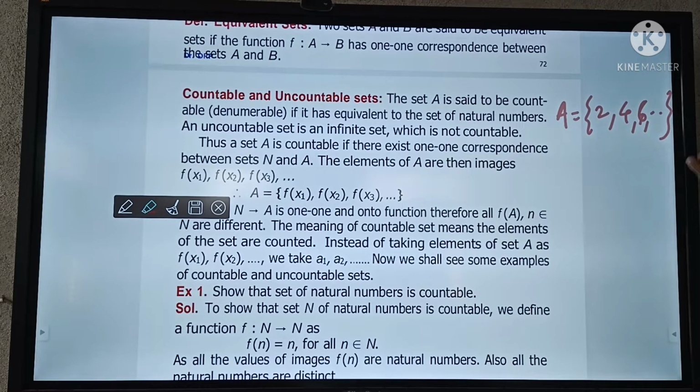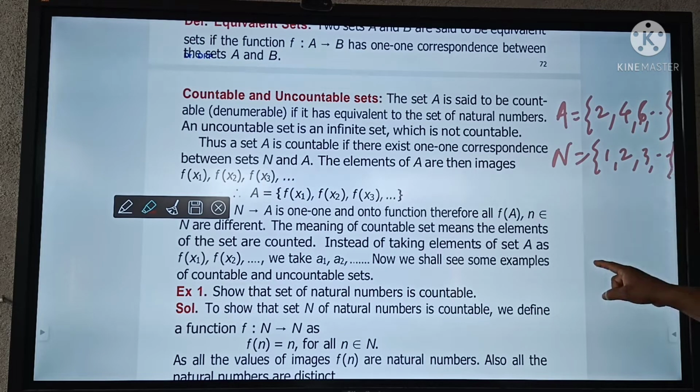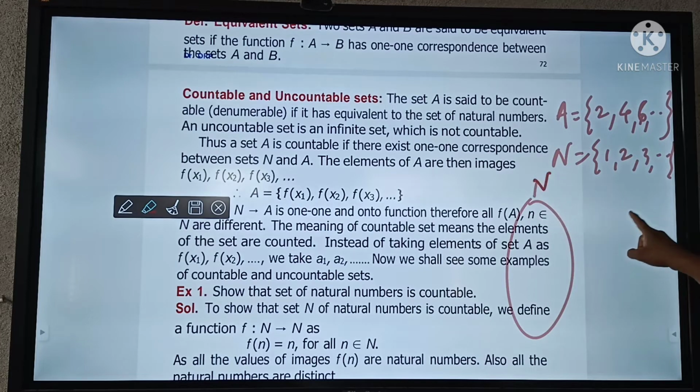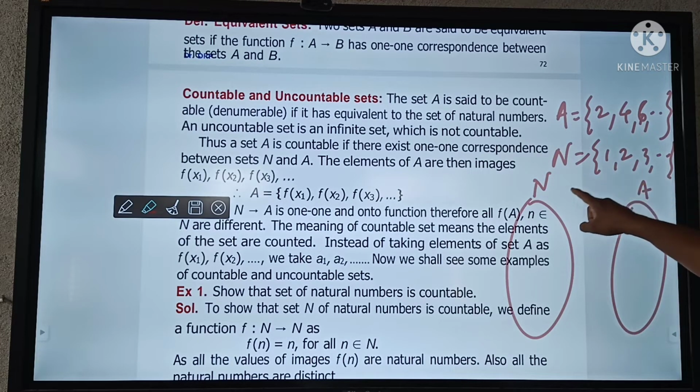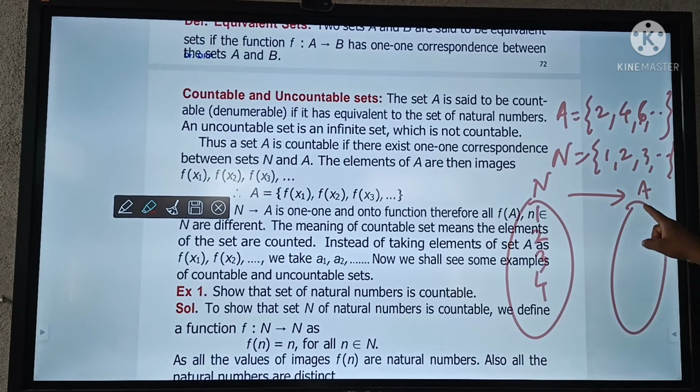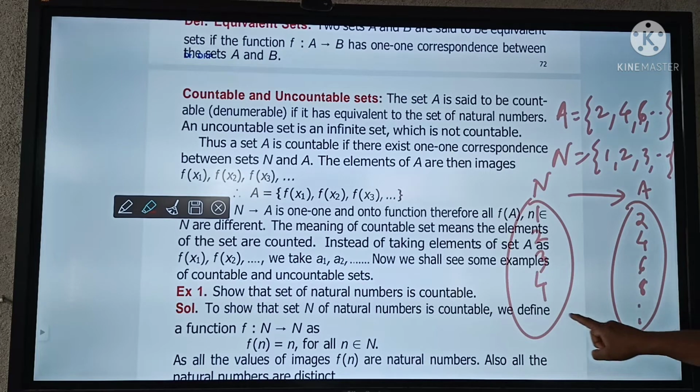This is an infinite set. Then we know the set N of natural numbers: 1, 2, 3 and so on. Set N contains the elements in this way, and A contains 2, 4, 6, 8 and so on.